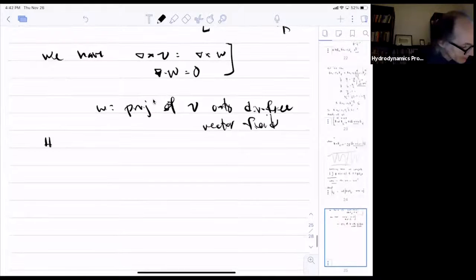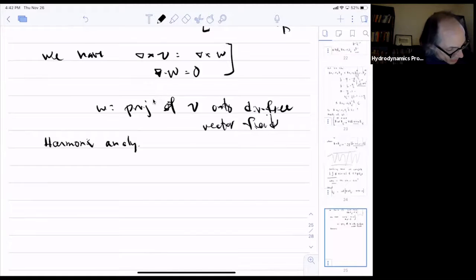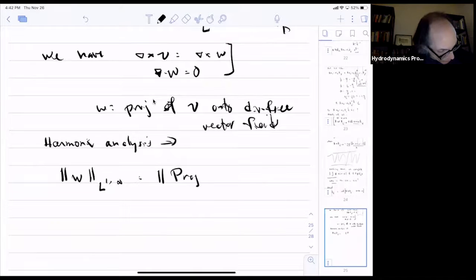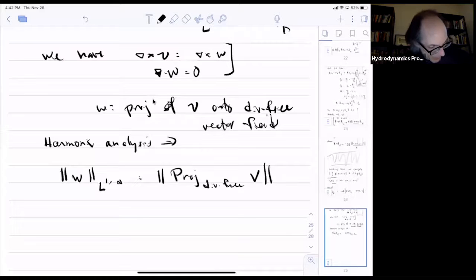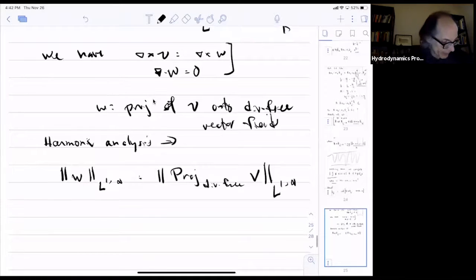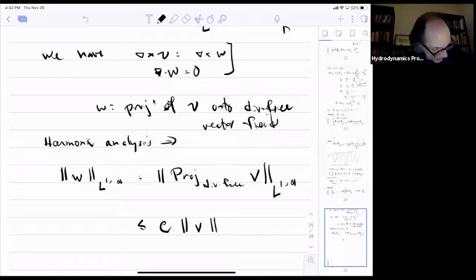So harmonic analysis says that W in L^{1,infinity}, this is some kind of projection onto divergence-free things of V in L^{1,infinity}, and this is bounded by a constant times the L^1 norm of V. Of nu, excuse me.